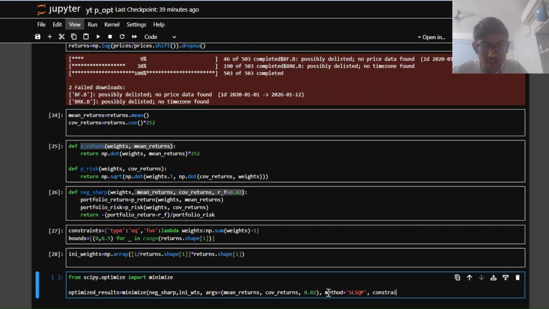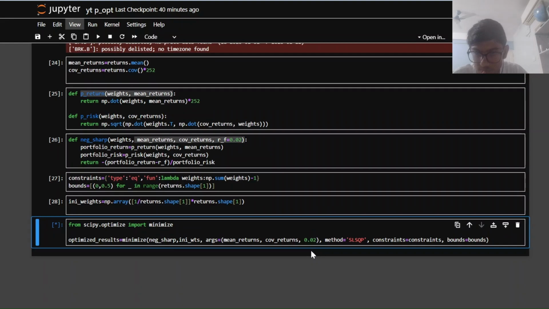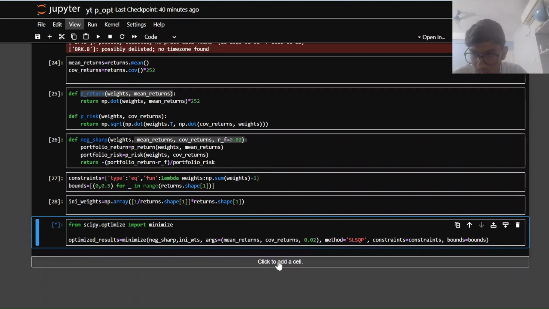And we have some constraints with us and some bounds that we have defined earlier, right? And I think we are good to go now. Okay, that's running. I think it's fine.